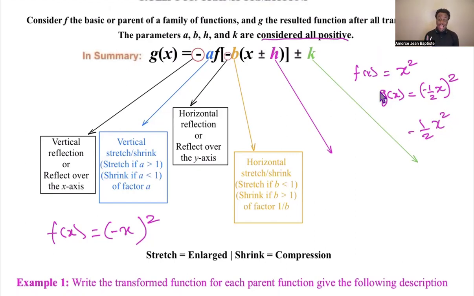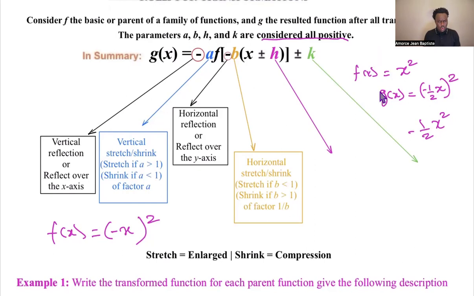In one, negative 1/2 multiplies x and then you square. The other one is when the negative 1/2 multiplies the x squared. So it's different. Multiplying x versus multiplying x squared is different.